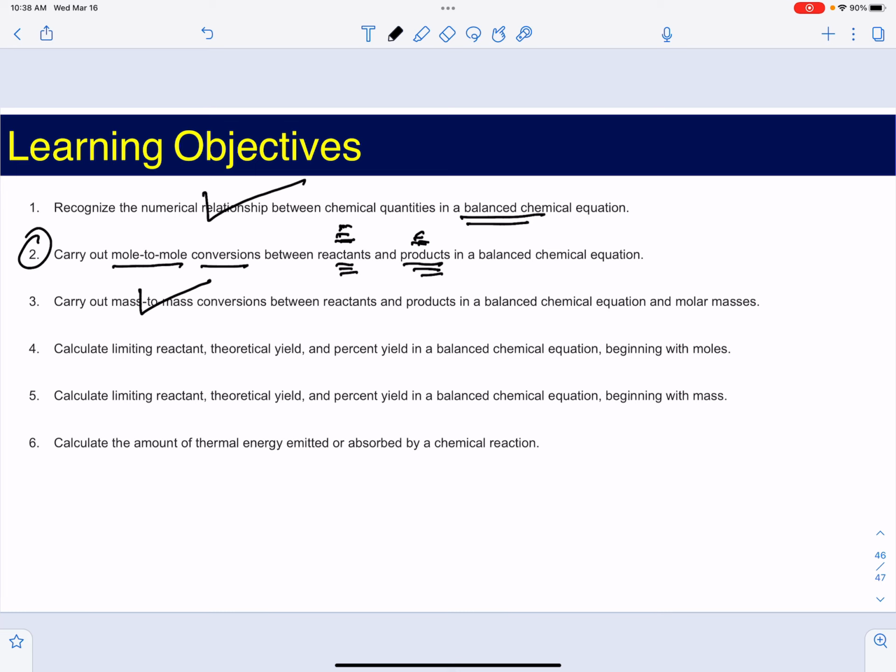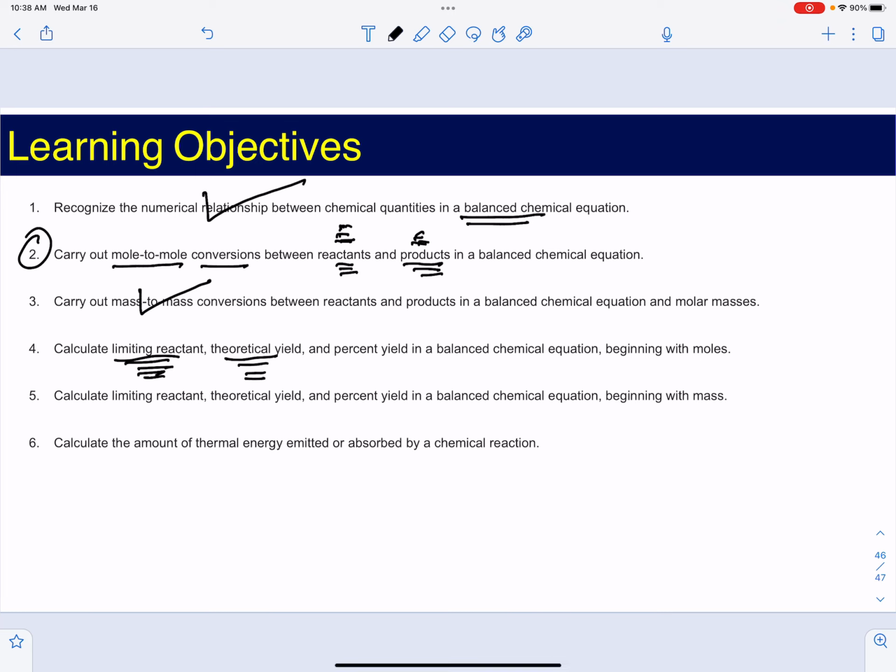And then we said, when we have 2 or more reactants, one of them will always be in short demand. So you can always find out which one is the limiting reactant. And once you know which one is the limiting reactant, the one that will produce the least amount, then that amount is what we call the theoretical yield.